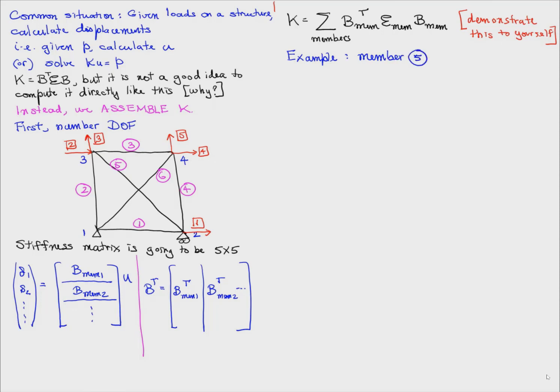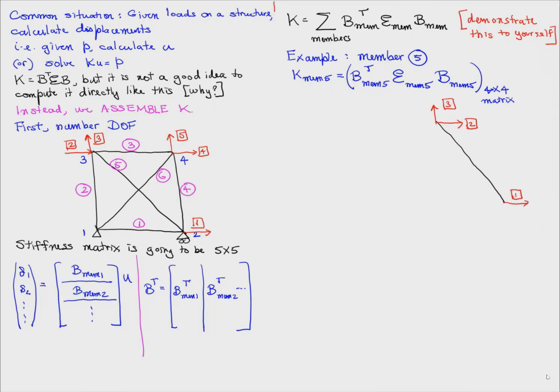So let's take the example of member 5. The stiffness matrix of member 5 is its B transpose times its E times its B. Now that'll end up being 4 by 4. Now if we look at that member, it connects to degrees of freedom 2, 3, and 1. And the vertical degree of freedom at joint 2 doesn't exist.